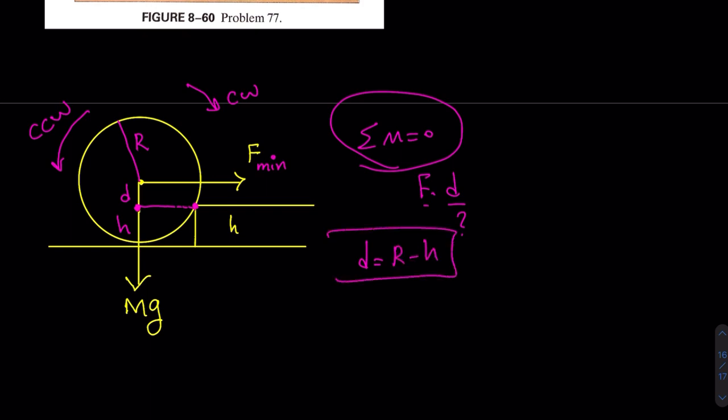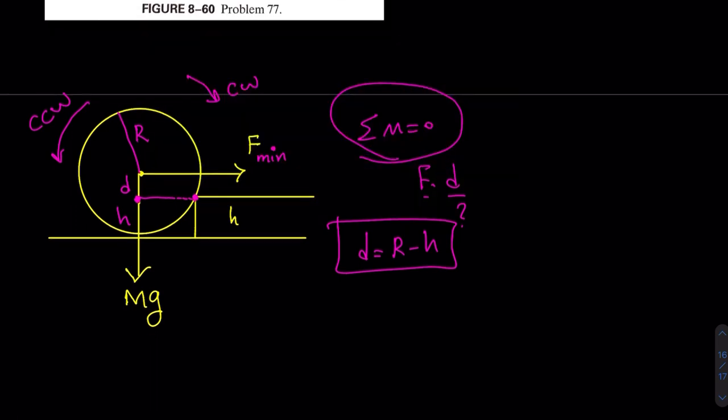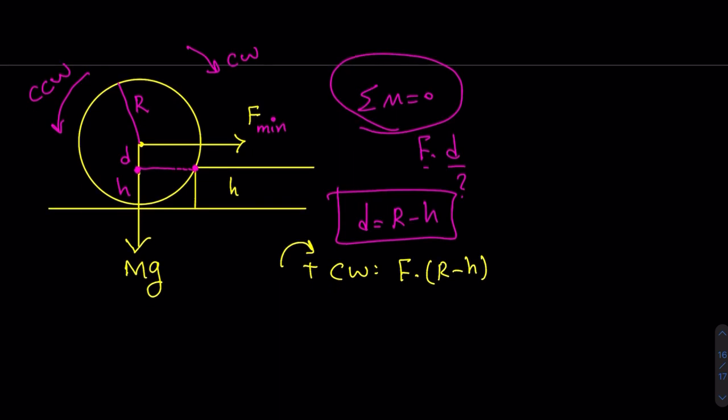So this is the value of d. Then the clockwise turning effect, which we take as positive, will be equal to F times this distance, R minus h.